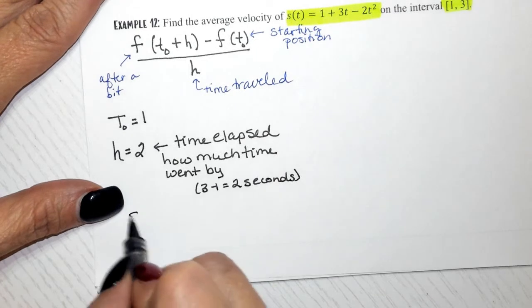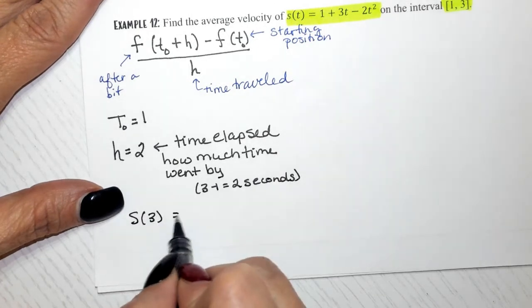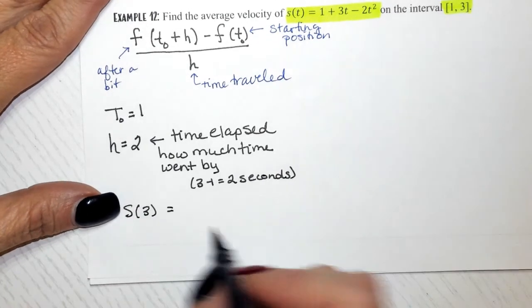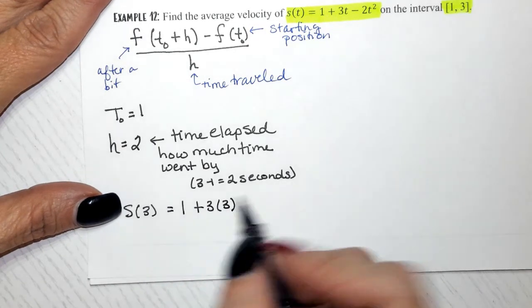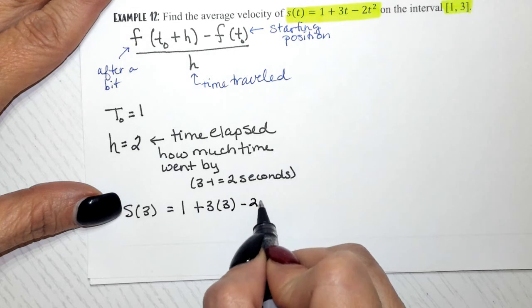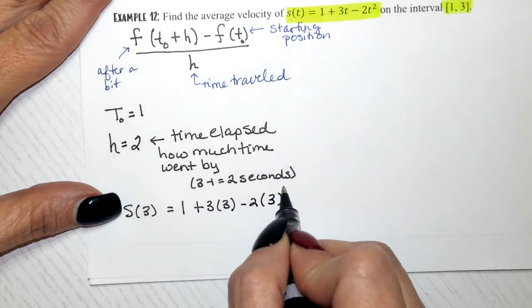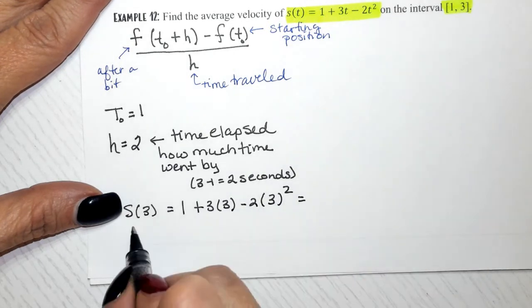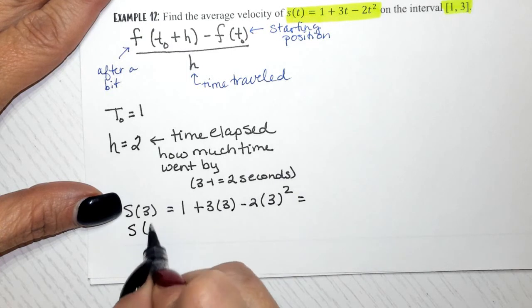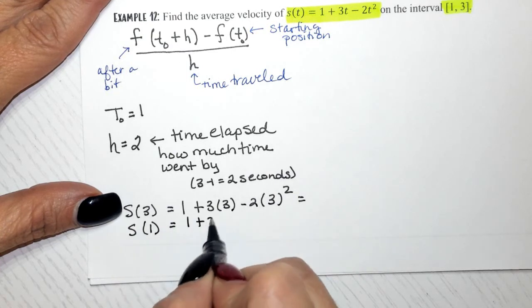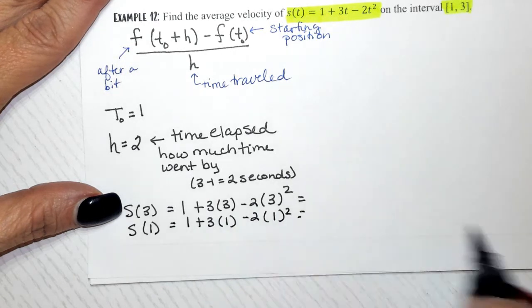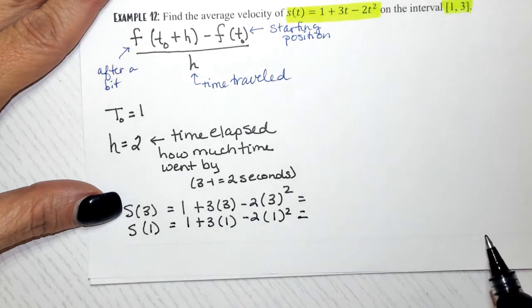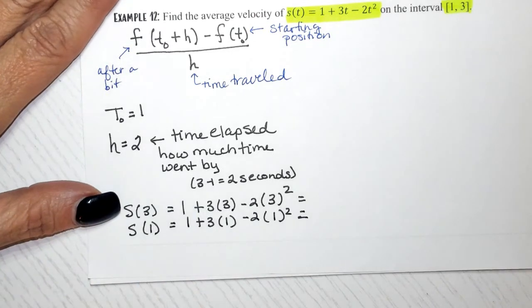All right, so let's figure out what s of 3 is. Let's just plug it in. That'd be 1 plus 3 times t, however I want to say that, minus 2, and then we're going to plug in 3 squared. And then we're going to find s of 1: 1 plus 3 times 1 minus 2 times 1 squared. I'm going to grab a calculator real quick.